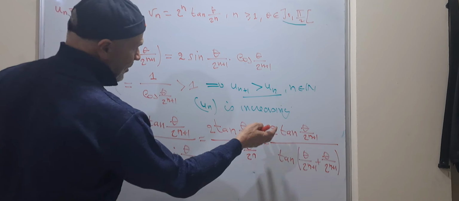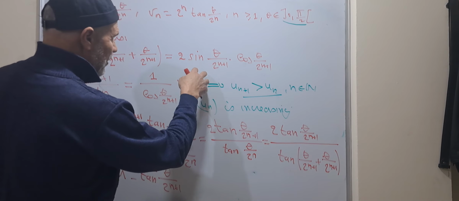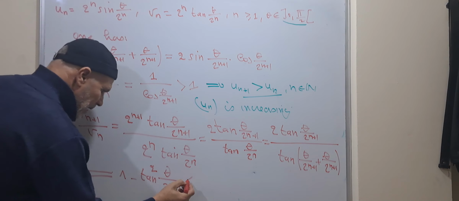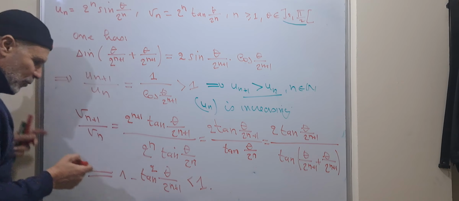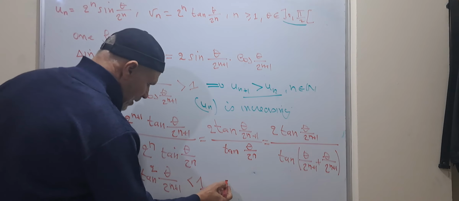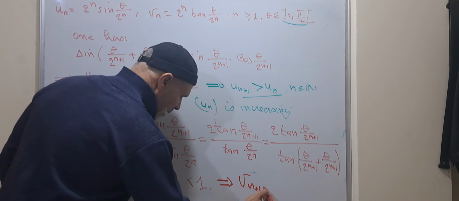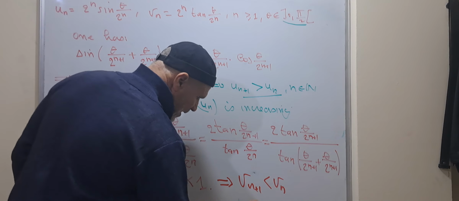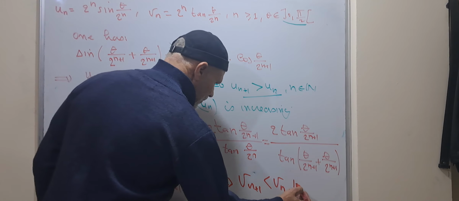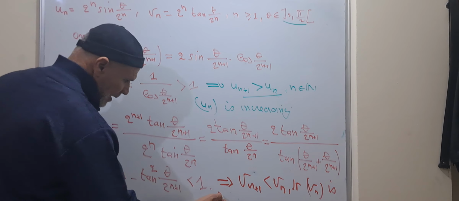Basic transformation, exactly like this one. And this is less than 1, which means that v_{n+1} is less than v_n, so v_n is decreasing.